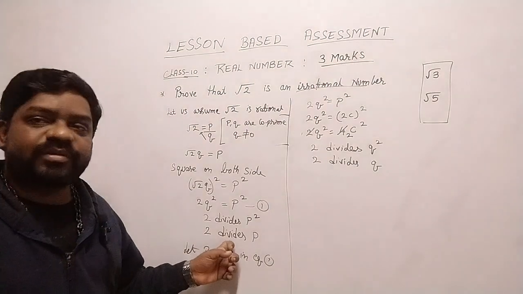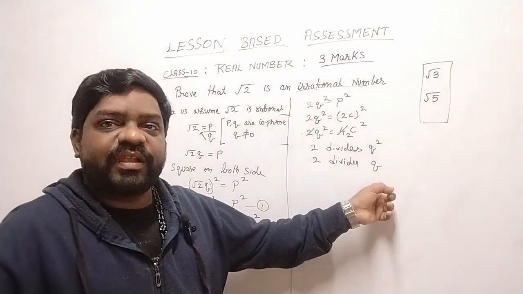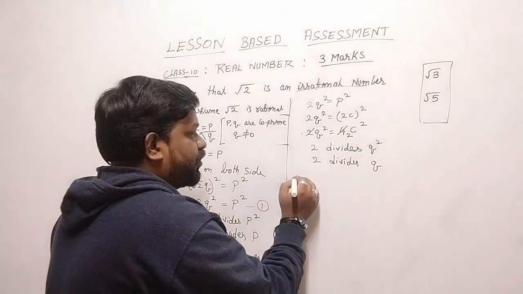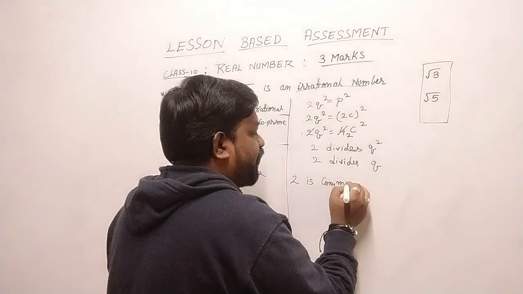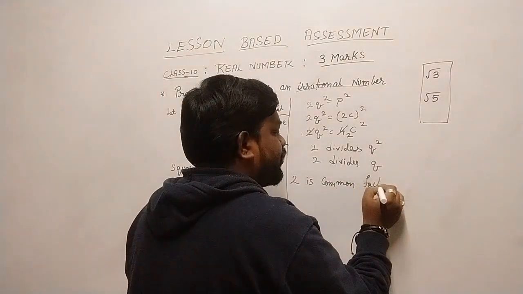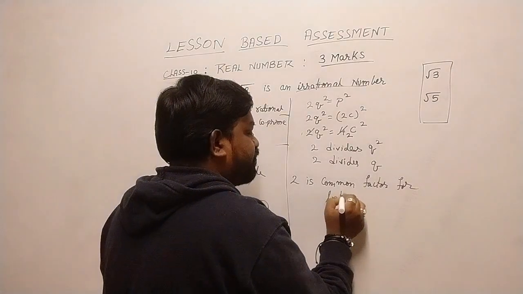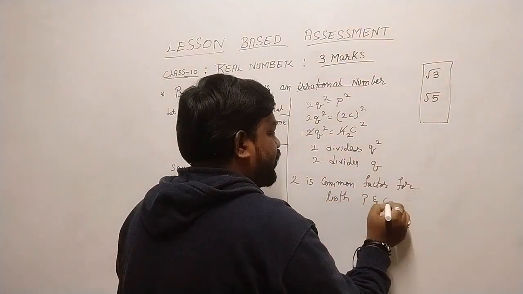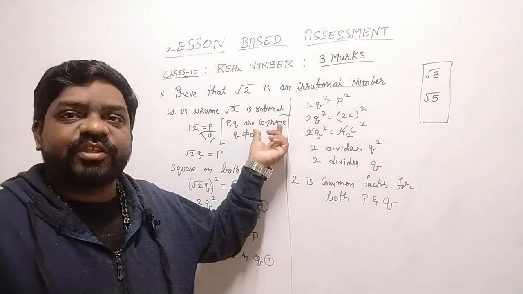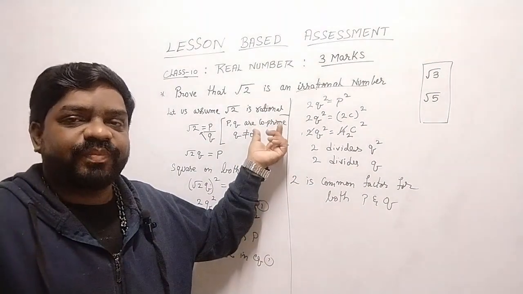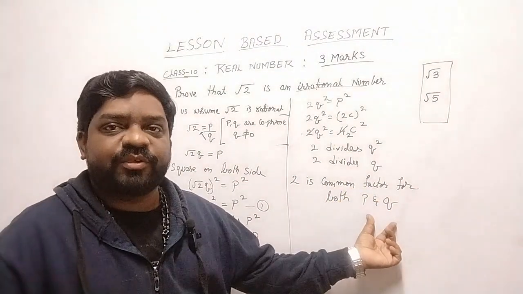Now you can observe 2 is dividing p and 2 is dividing q. So 2 is a common factor for both p and q. We have assumed p and q as co-prime, but here 2 is a common factor for both p and q.